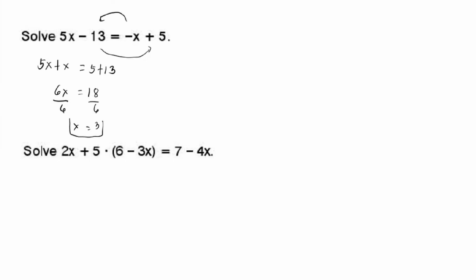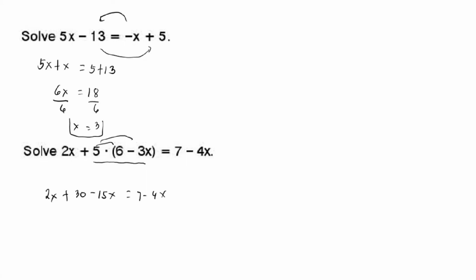All right, so next example, we have 2x plus 5 times the quantity of 6 minus 3x equals 7 minus 4x. In this case, we are going to use the distributive property first. So I'm going to write now 2x plus, using the distributive property, 5 times 6 is 30. 5 times negative 3x is negative 15x equals 7 minus 4x.